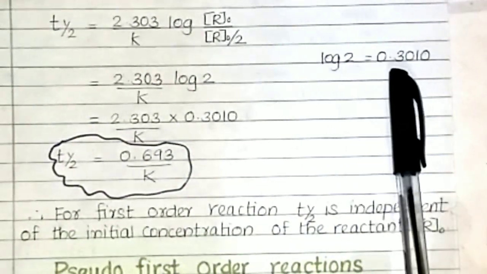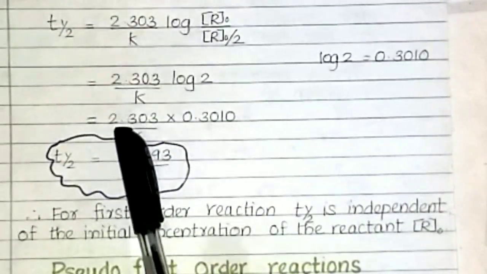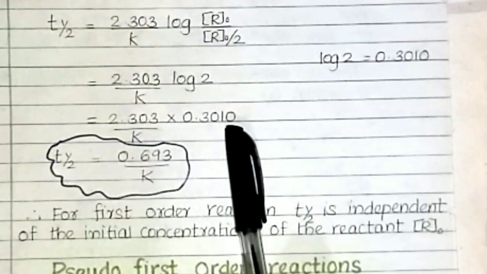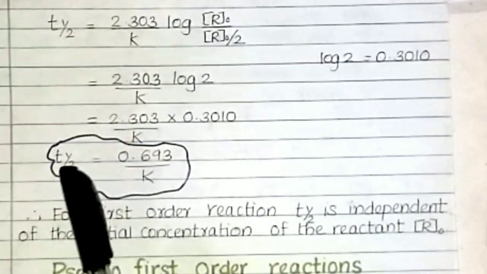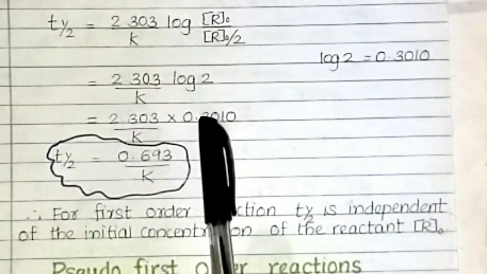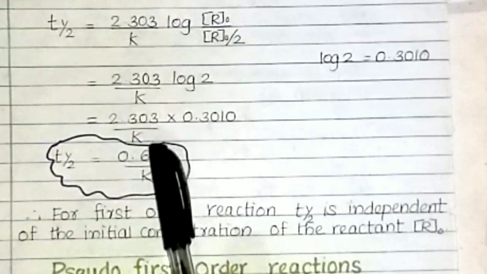Log 2 is 0.3010. Substitute the value, then we get 2.303 into 0.3010 divided by k. Then on multiplication, we get t half is equal to 0.693 divided by k.